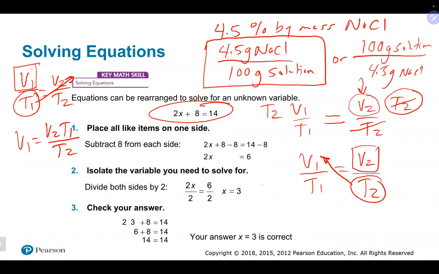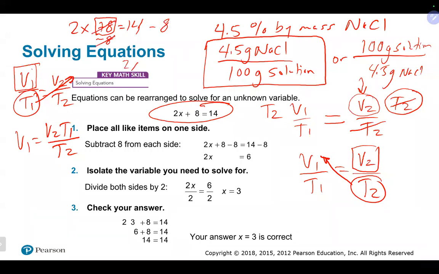If you have something like 2x plus 8 is equal to 14, here we are adding, which means to get that to the other side, we need to subtract. So we would do the opposite. We would subtract 8 from both sides. Those guys would go away.